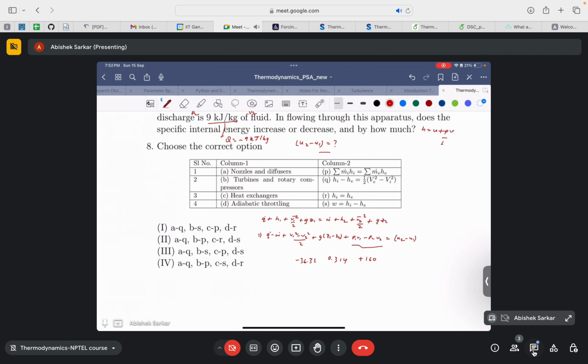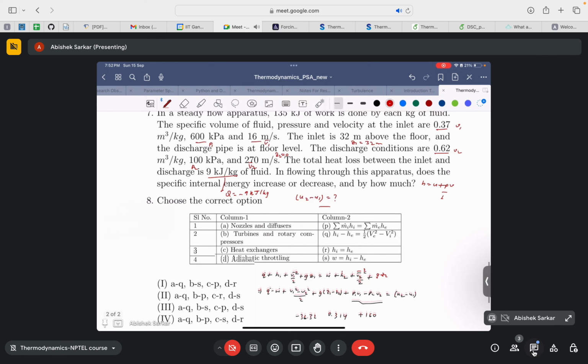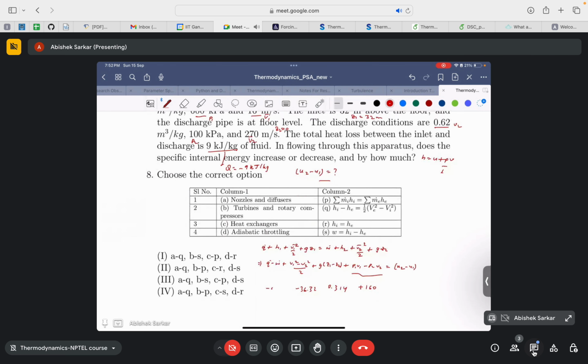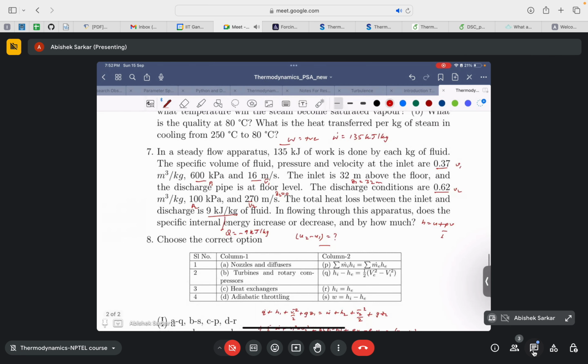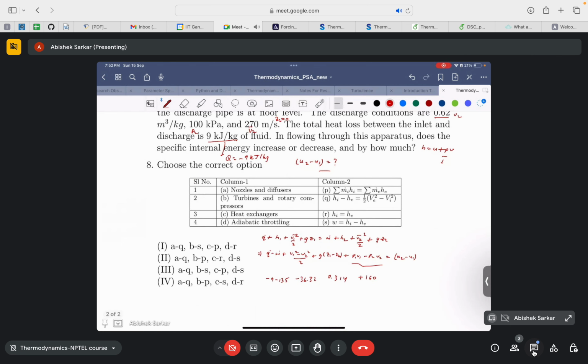and Q dot is minus 9, minus 135. Is it by each kg? So let me just add it up. Minus 9 minus 135 minus 36.32 plus 0.314 plus 160. So it turns out to be minus 20.